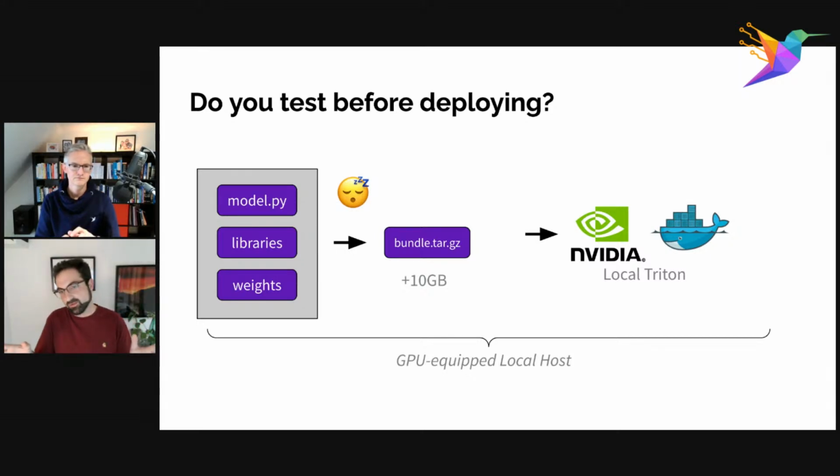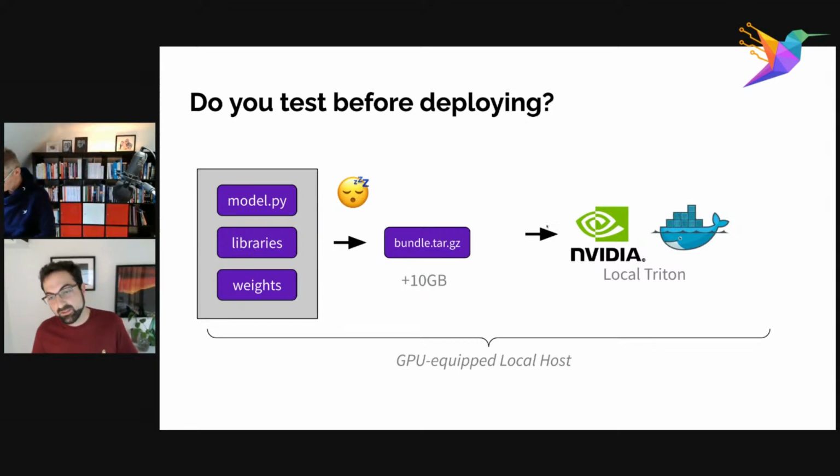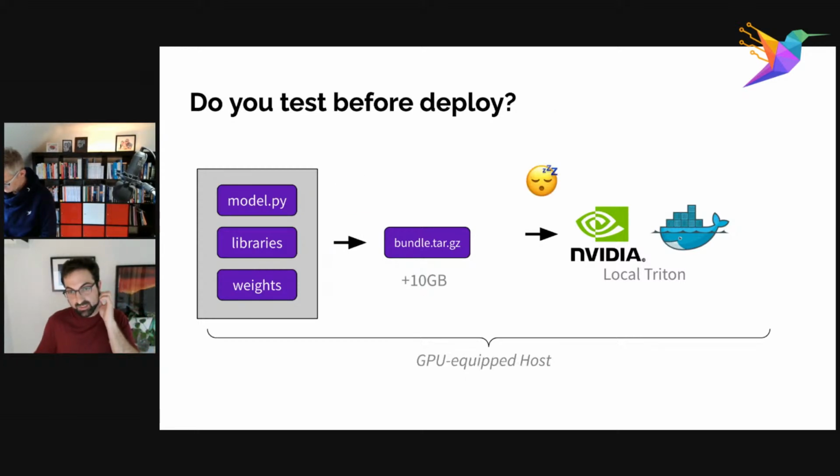So let's say this is your local host, or an EC2 instance, where you create your bundle and then run a local Triton instance, and that will let you test your code.